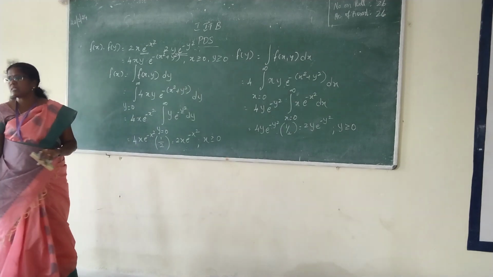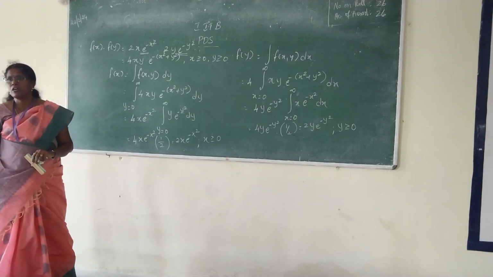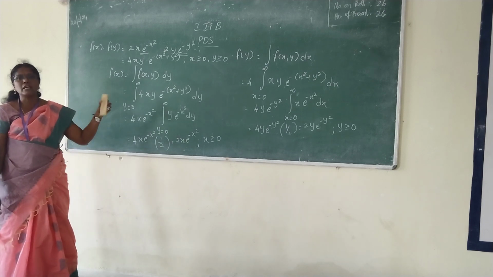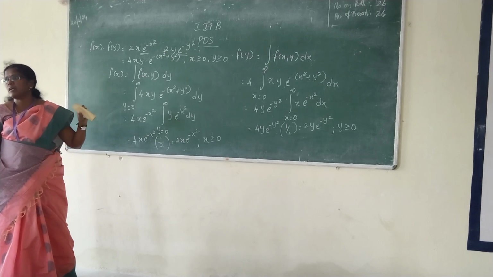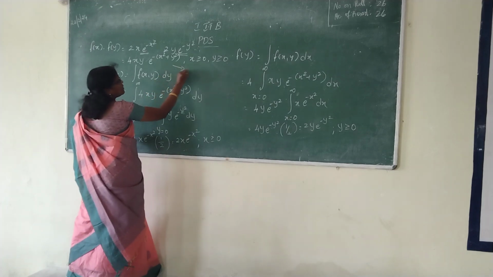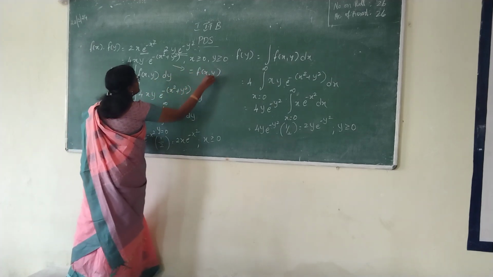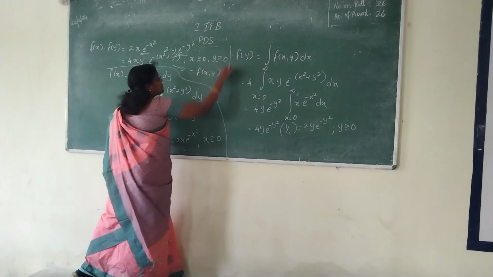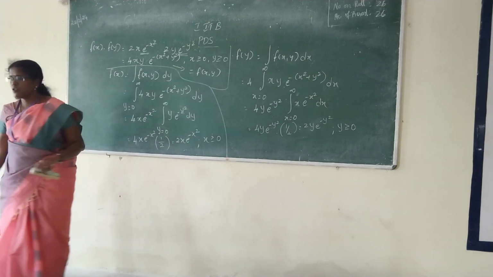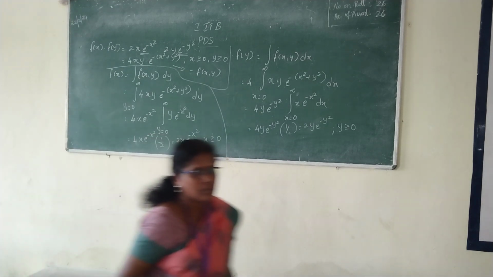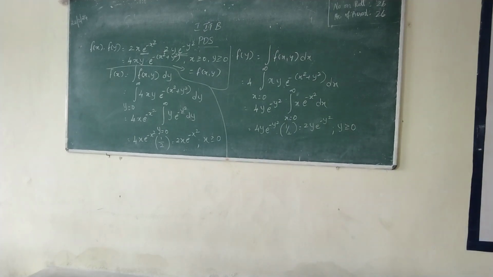Is it the same as f(x,y)? Yes or no? Yes. So they are independent or dependent? Independent, because this is equal to f(x,y). So x and y are independent. Can you understand now? Copy those down. Write your conclusion: so x and y are independent.